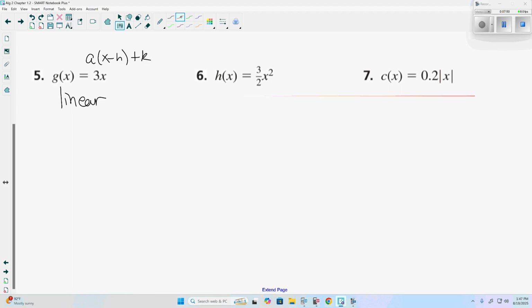Do we have a value for a? Is it negative? No, so there's no reflection. But the 3 is telling me that there's either a vertical stretch or vertical shrink. Vertical stretch because 3 is indeed bigger than 1. So it's a vertical stretch of 3.